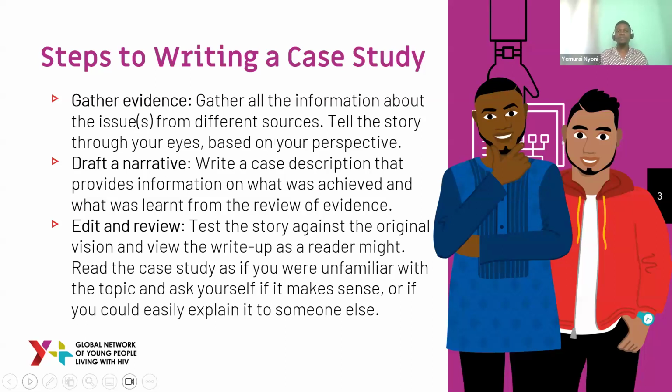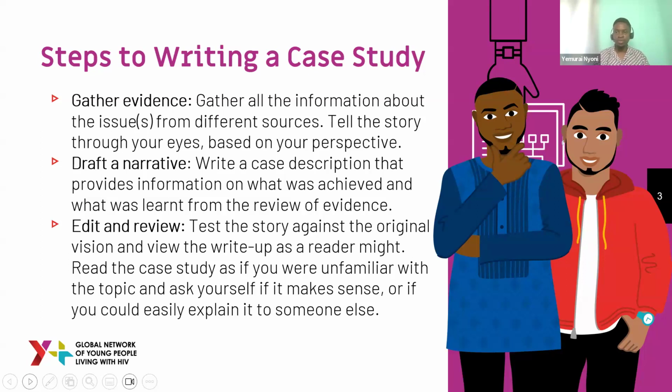Here are a few steps. I would say there are 3 general steps that you need to follow if you are collecting data to write an advocacy case study. The first one, of course, is to gather evidence from different sources.